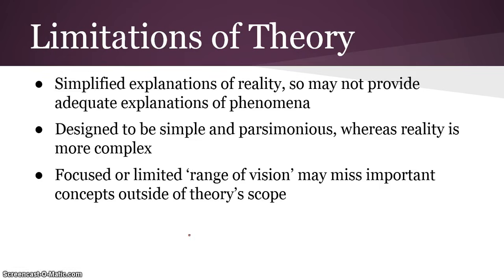There are limitations to theory, however. For one, they can provide very simplified explanations of reality, so they might not be the most adequate explanations of a phenomenon. One of the reasons for this is we try to create theories that rely on as few variables as possible, or few constructs as possible.